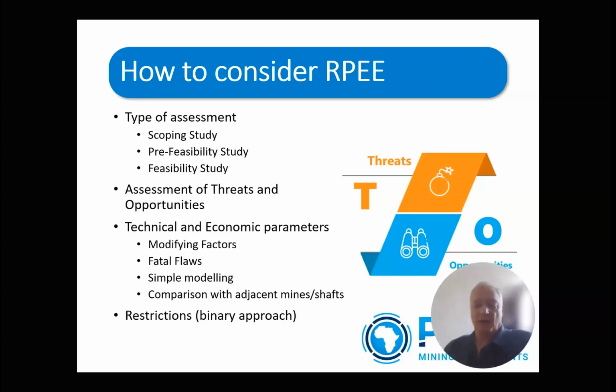really we don't have to consider the assessment a scoping study. It can be, but I wouldn't recommend it. It takes a lot more effort than is generally acceptable by our clients or our commissioning agents. Definitely not a pre-feasibility study and definitely not a feasibility study.